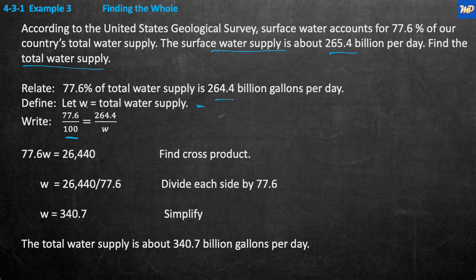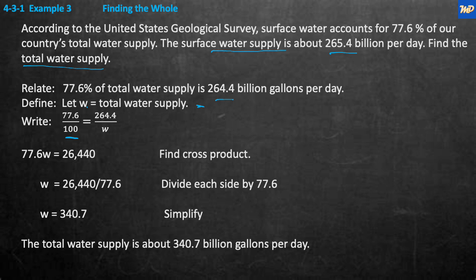And then that equals the part over the whole. 77.6 is the part of 100, and 100 is the whole in this case. 77.6 parts per 100 is equal to 264.4, that fractional part that's surface water, divided by the total amount that we have. We want that proportion.